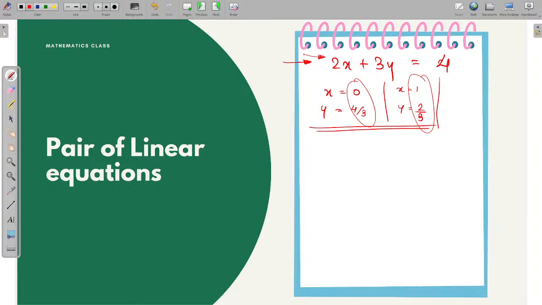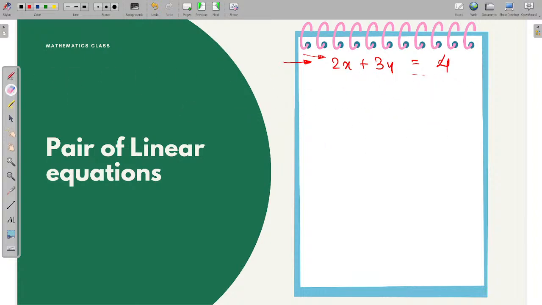Got it? Fine. Okay, now one linear equation in two variables has infinite solutions. But what if there are two linear equations? How many solutions will they have in common?